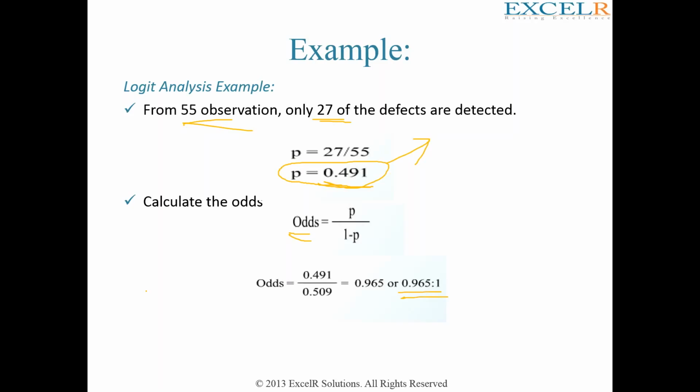There is a 0.965, right, chance that you will identify a defect.